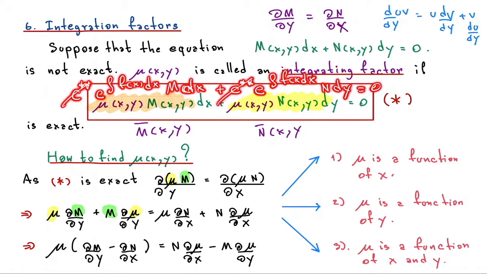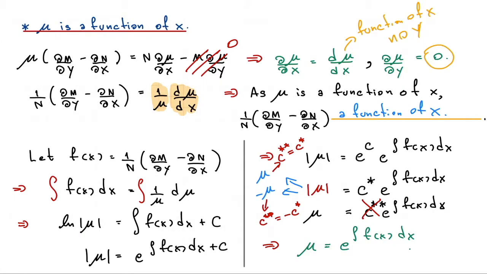Disappear. Make sense? Which means that I don't need C double star. I don't need the constant term. Make sense? That's why I just cut this out. And mu is actually this guy. Okay?